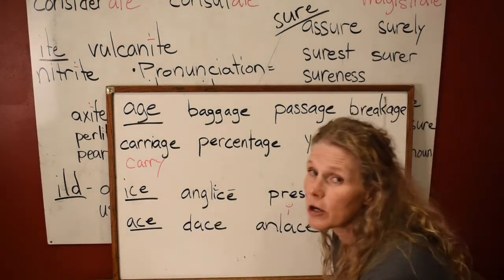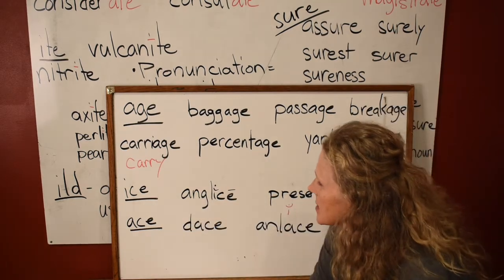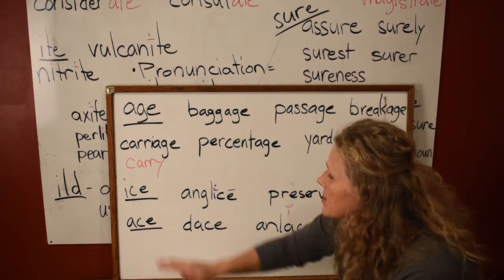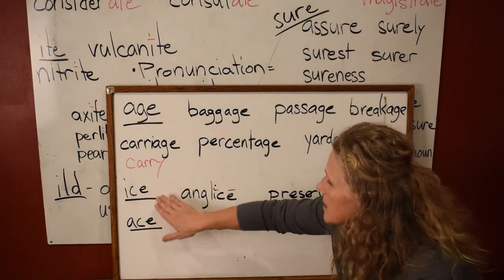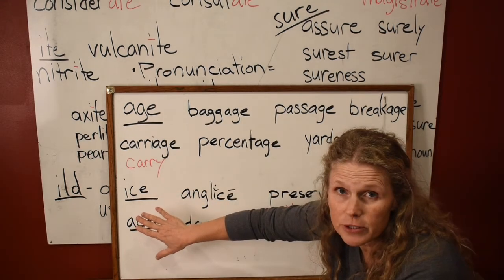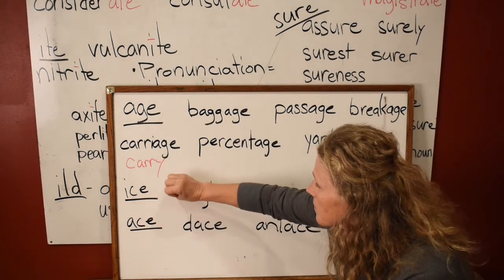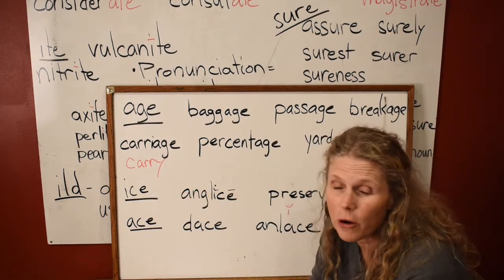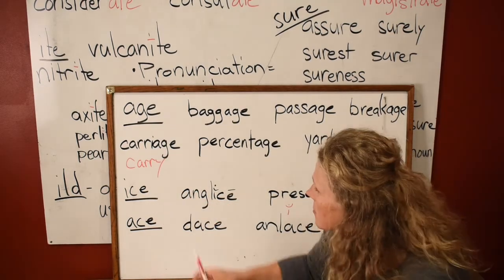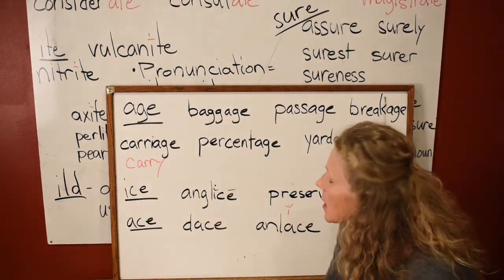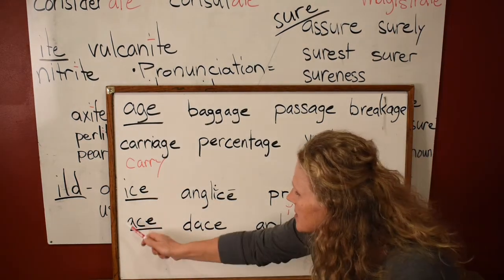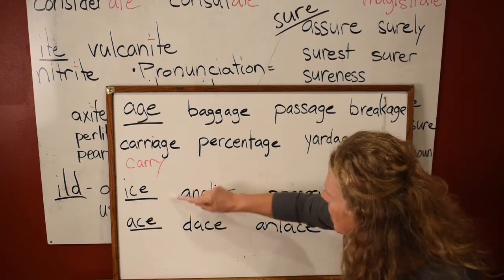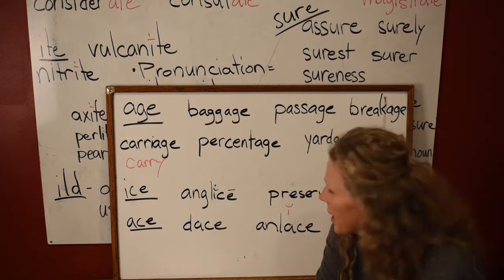Then let's go over is and ace. Now, these, we've gone over these quite a bit, but they're very confusing for children. Now, is can, as a suffix, or not a suffix, but a unit sound. It says is or ice, and then this says is or ace. Sometimes you see ICE at the end of a word.